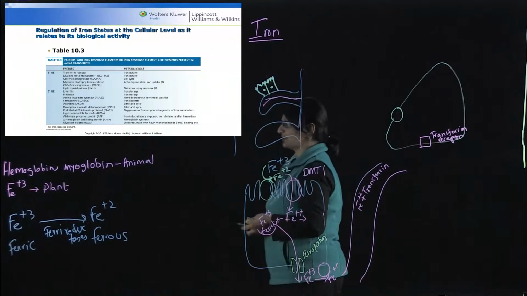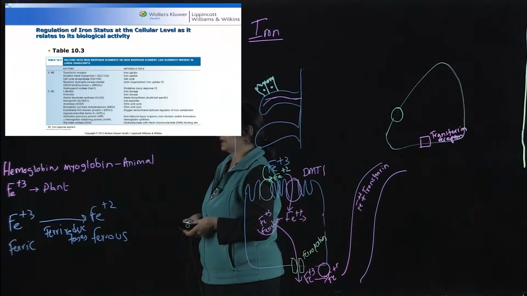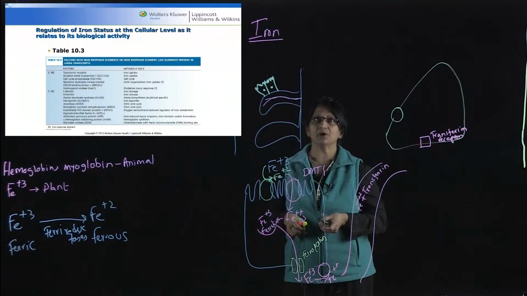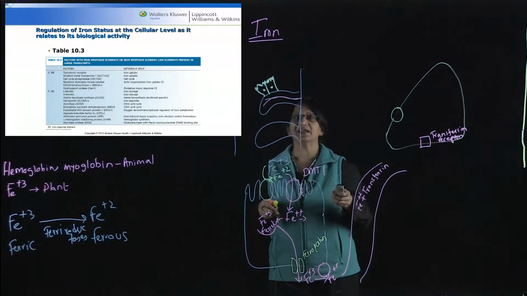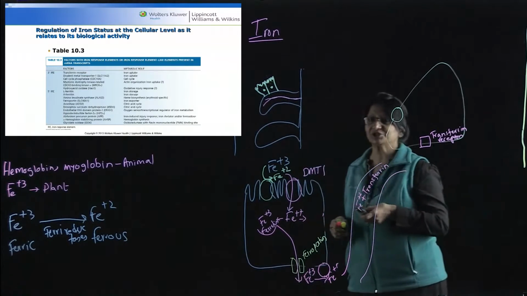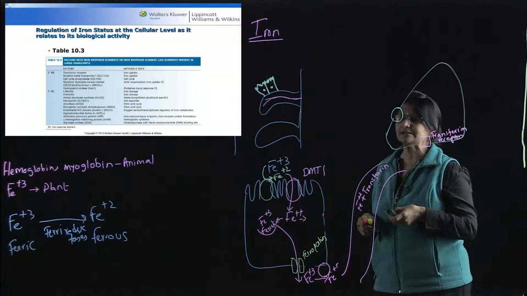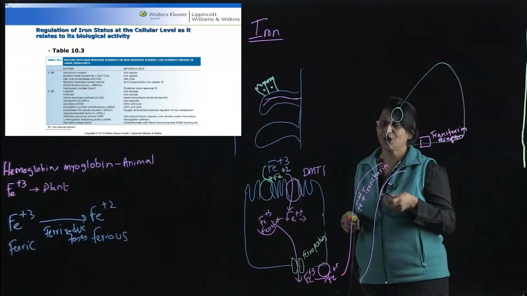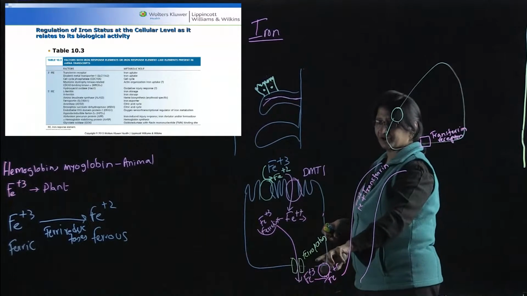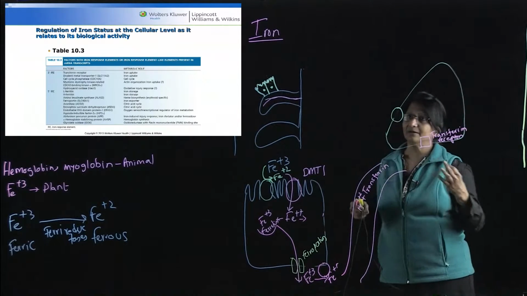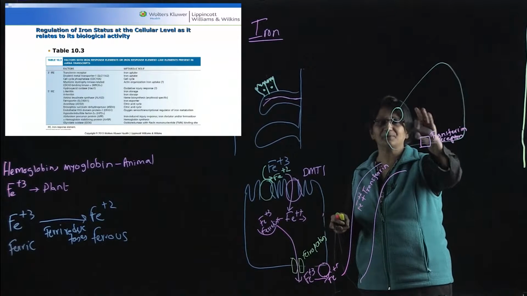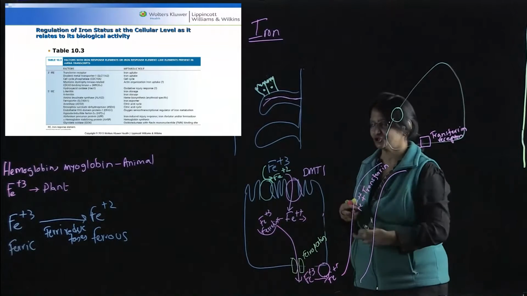Now, your textbook talks about regulation of iron status at the cellular level as it relates to biological activity. There is a very tight regulation of how much iron is possible, and this regulation happens by either increasing or decreasing the expression of iron transporters, which would be DMT1 and ferroportin, or iron storing proteins such as ferritin, which actually stores iron.